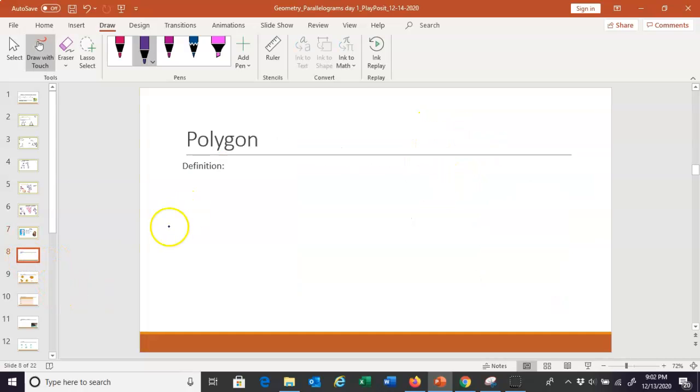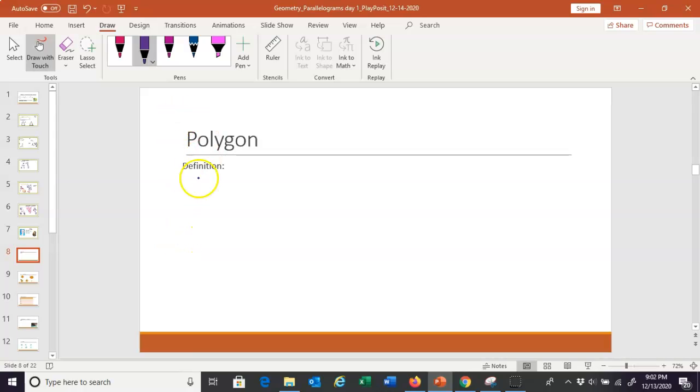Okay. Whew. Let's refocus. Tell your parents you're doing geometry, which we are. So let's get into polygons, which is going to guide us into our first polygon, parallelograms. So the definition of a polygon, and I know you guys have been studying polygons for literally ever. My daughter in kindergarten is studying polygons.